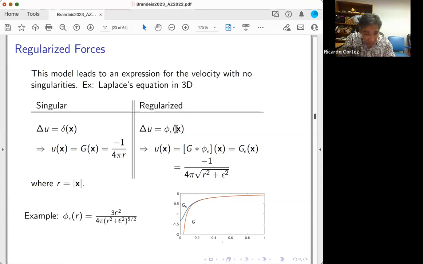But if I use a regularized delta function here, my solution will be smooth, because if the Laplacian is a smooth function, the function is smooth. And so what we have is a different model, basically, that removes the singularities.